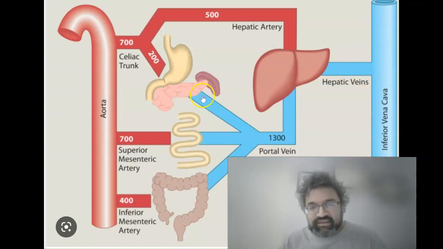And then the pancreas and the spleen actually take deoxygenated blood into the liver. So you have nutrient-rich deoxygenated blood flowing into this, and a little bit of oxygenated blood from the hepatic artery.